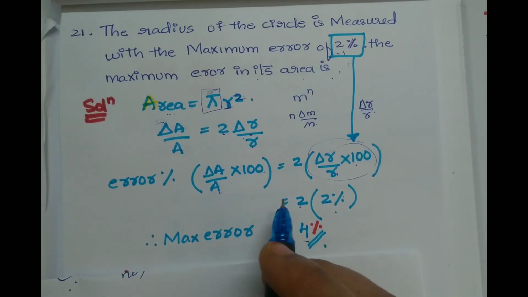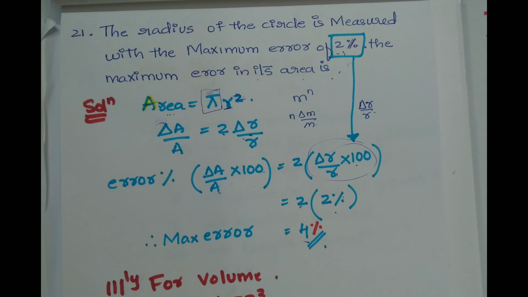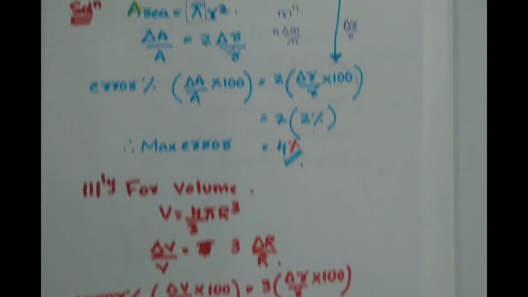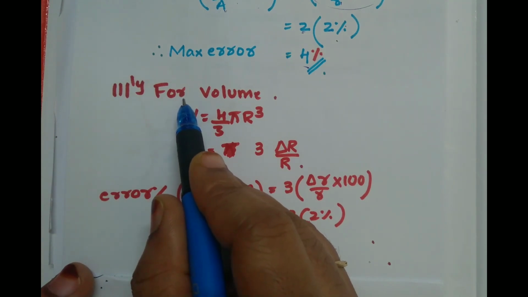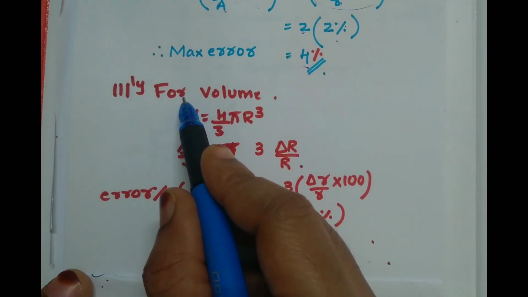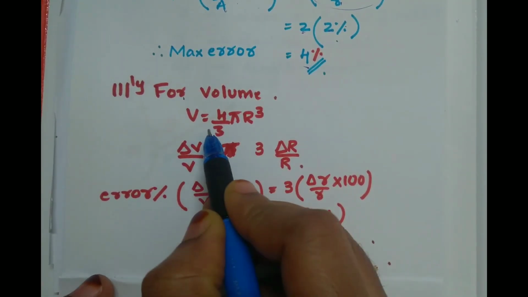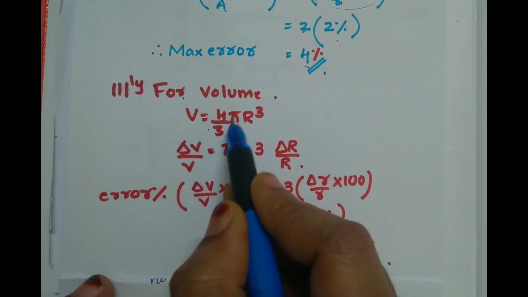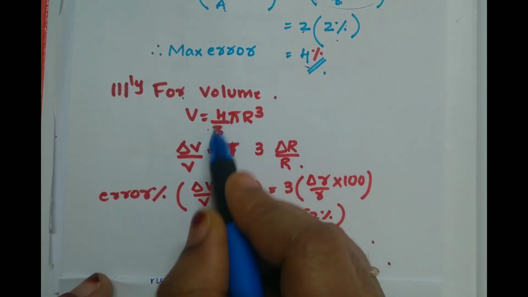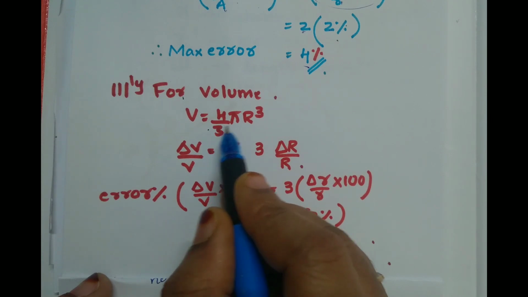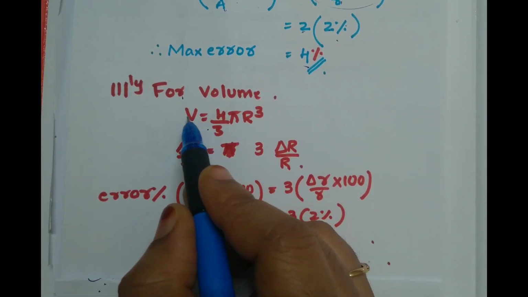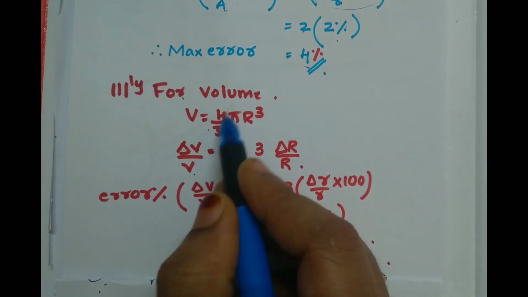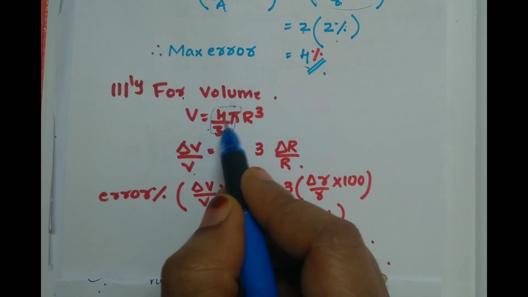Similarly, let us take one more example to understand it much more clearly, that is for volume. Suppose you have the volume of the atom, that is V is equal to 4 by 3 pi r cube. Now how will you write it? You will write it as delta V by V. 4 by 3 pi is constant, so you can leave it.